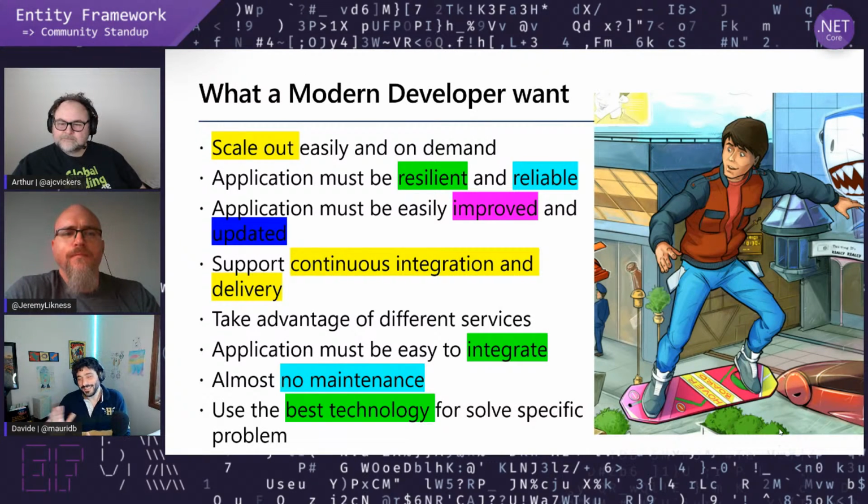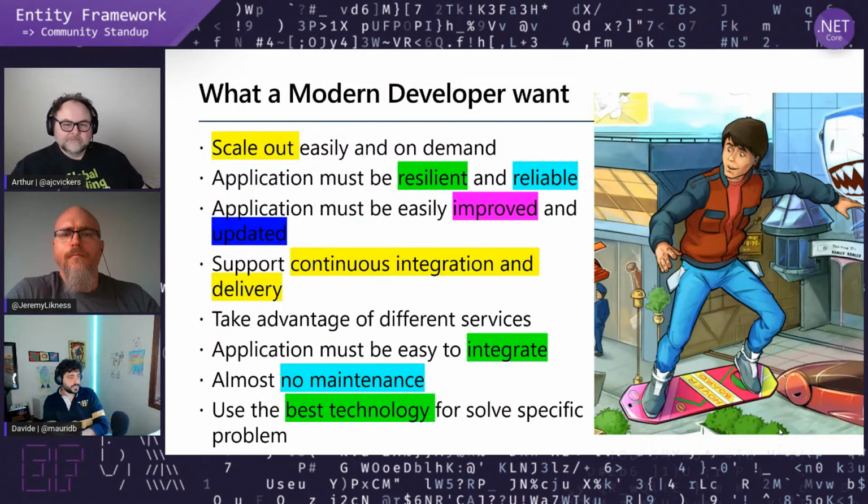Not sure. So ideally, there is no maintenance at all in a developer's mind, right? And in general, you want to use the best technology to solve the specific problem. So in the database world, it could be that you want to use a graph, you want to use a document, you want to use Entity Framework, something else. But ideally, you really want to have the complete freedom to do whatever you think is the best for you.